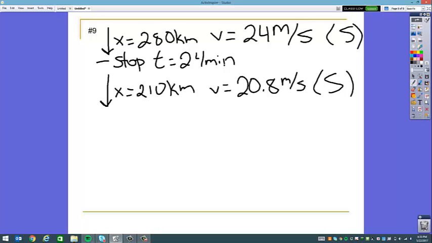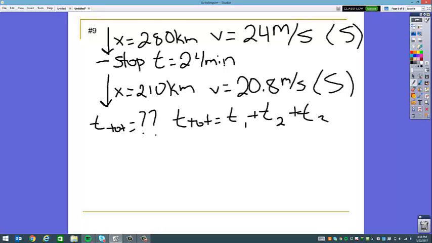The first thing I'm looking for is T total. I'm going to write T tot for T total, just to abbreviate it. The first thing you need to do is figure out the total time during each section. I need to figure out how long I was in the first section and how long I was in the third section. So your T total is going to be T1 plus that stoppage time T2 plus that third time T3.